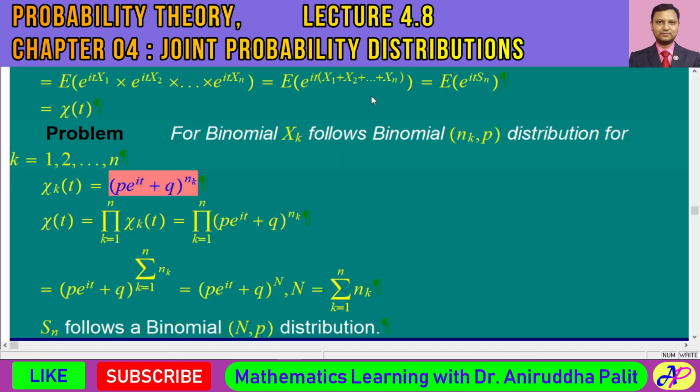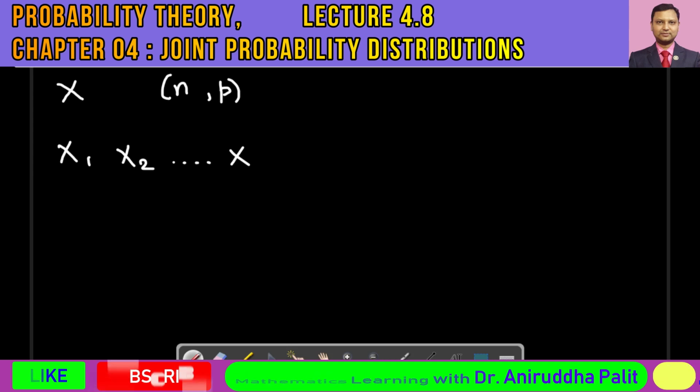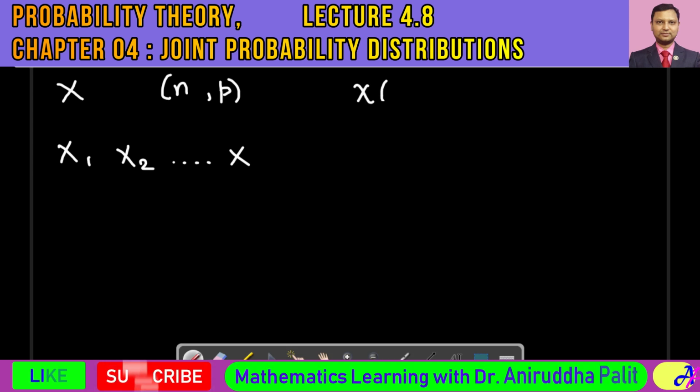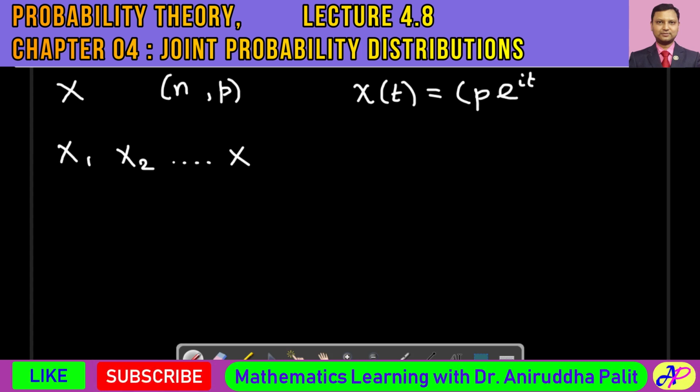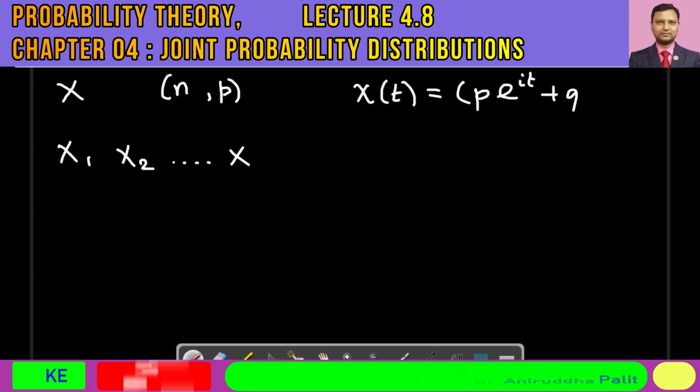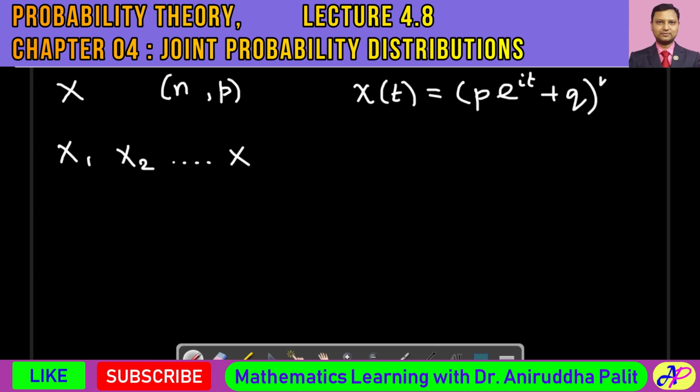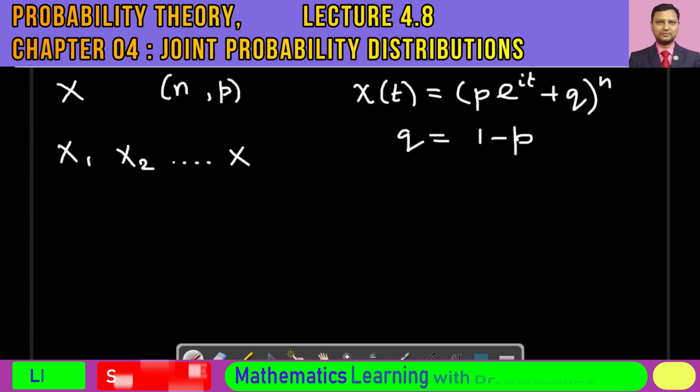It would be equal to chi of t, that is equal to p into e to the power of it plus q, whole to the power of n, where q is equal to 1 minus p. So this was the characteristic function for a binomial n, p variate.